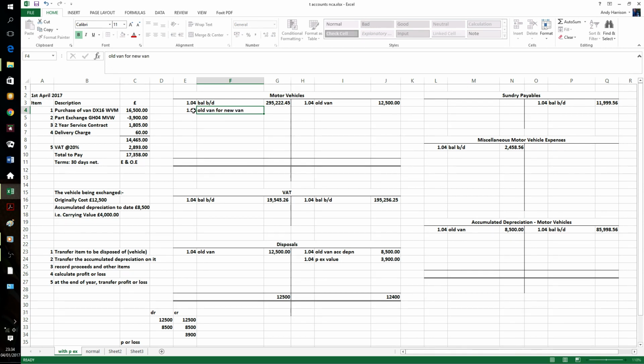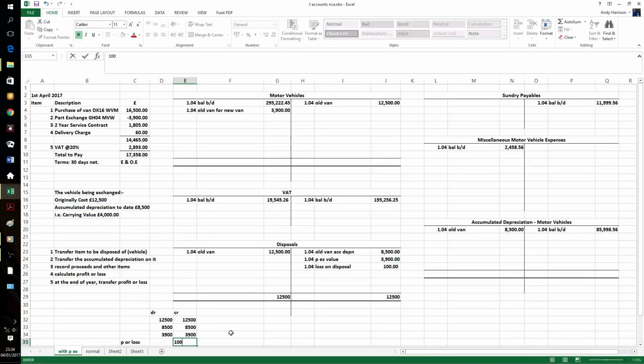It's still part of the cost, it still cost us. It's their valuation, not our 4,000 bookkeeping carrying value, the old book value. So that's the proceeds effectively done, and then we need to balance this one off. In this case, we've now got a loss on disposal of 100.